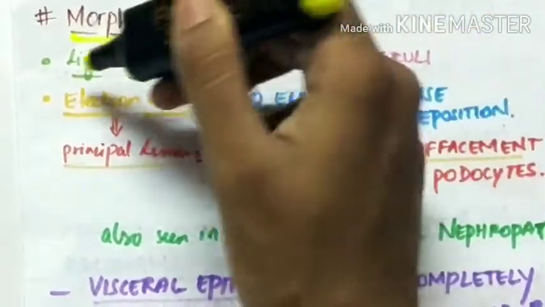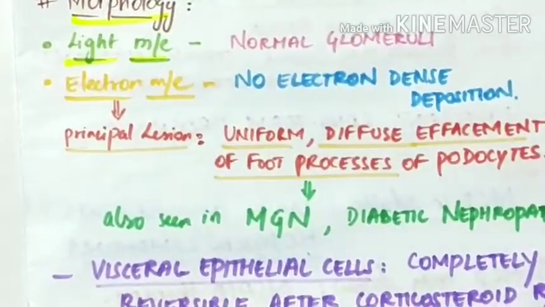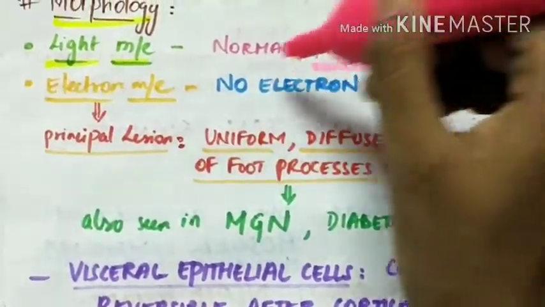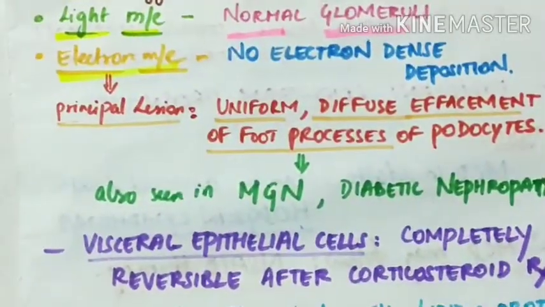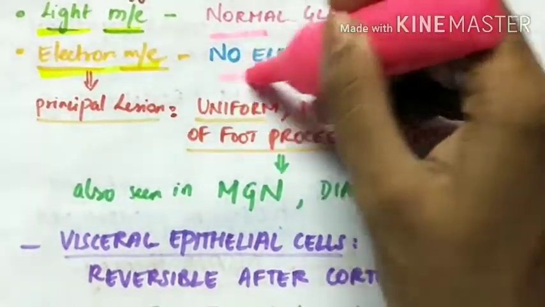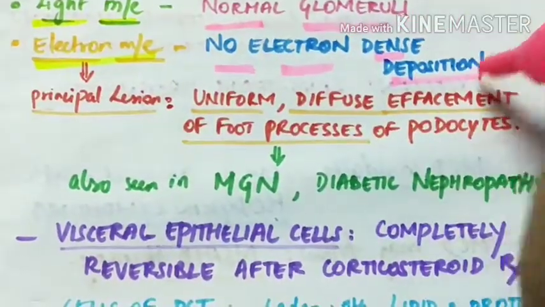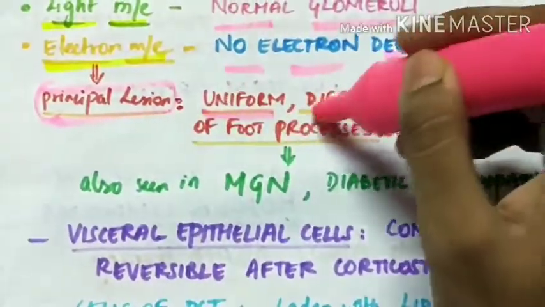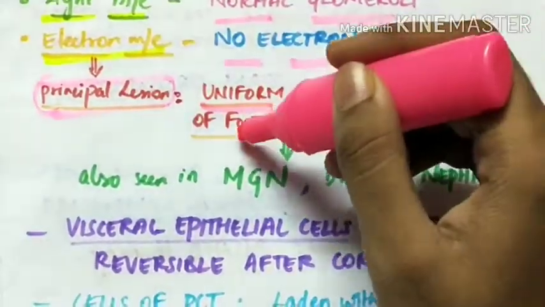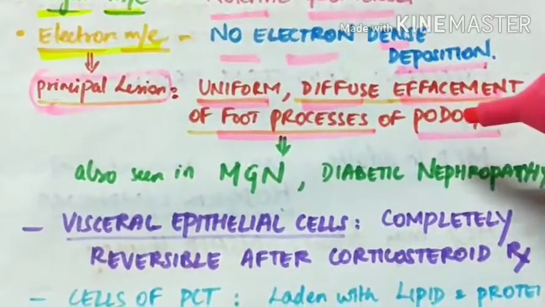Morphology. First is light microscopy. Under light microscopy, the glomeruli appear to be normal. Second is electron microscopy. In electron microscopy, there is no electron dense deposition. The principal lesion is uniform diffuse effacement of the foot processes of podocytes.